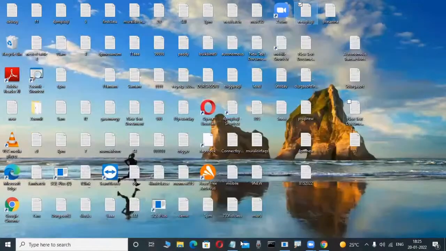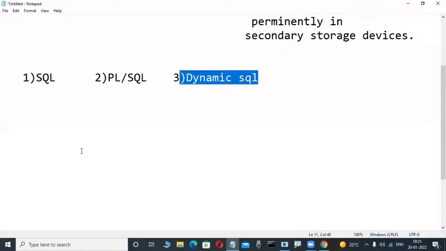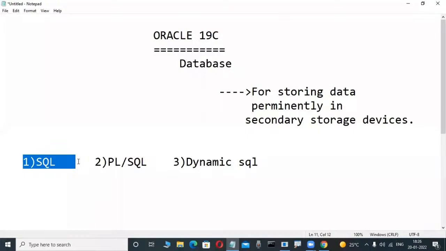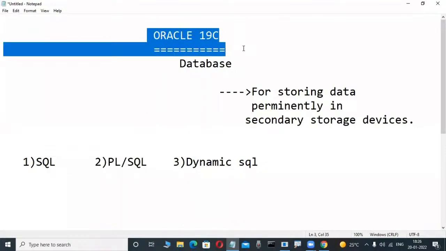There is so much syllabus. Don't worry. That's why we learn the SQL language first. After that, once you get some knowledge, then you learn PL/SQL. Through these two languages, we operate this Oracle software.